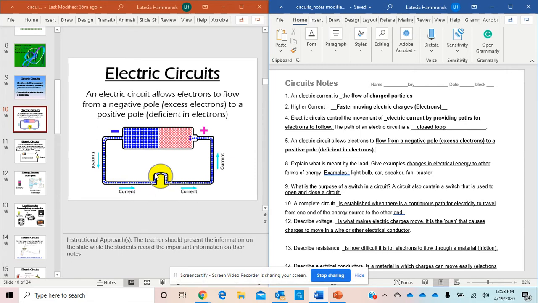In some cases, it will illuminate a light along that path, all the way to where there's a positive charge where you don't have as many electrons present. What it's doing is feeding those electrons onto the positively charged side.